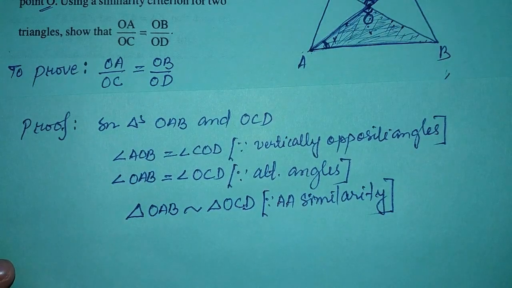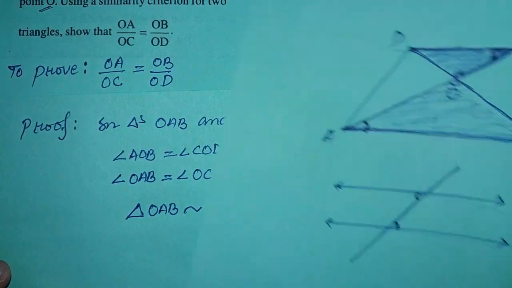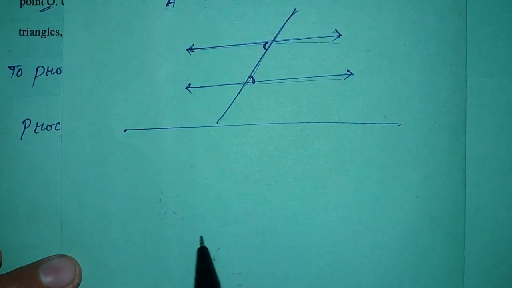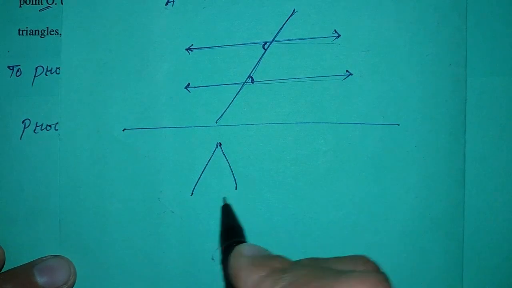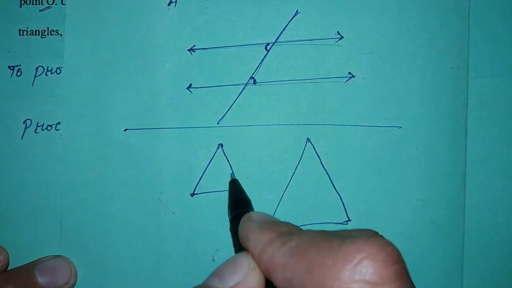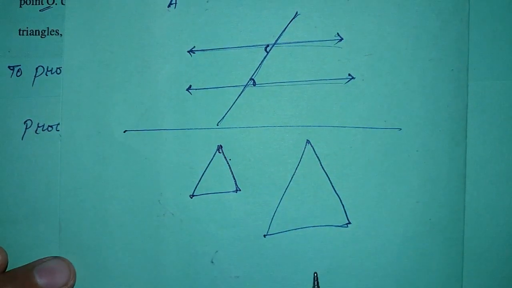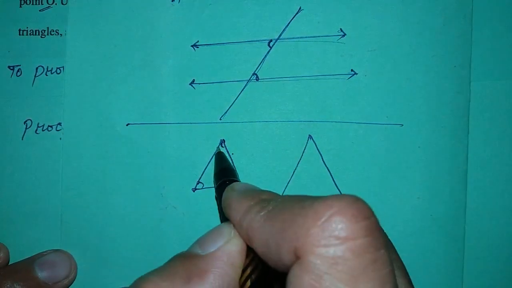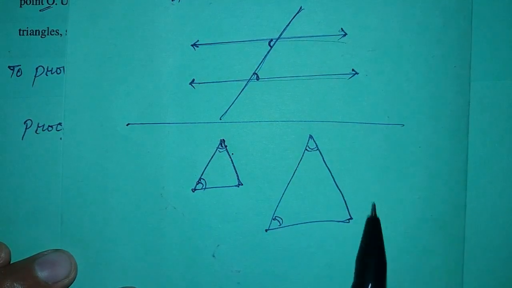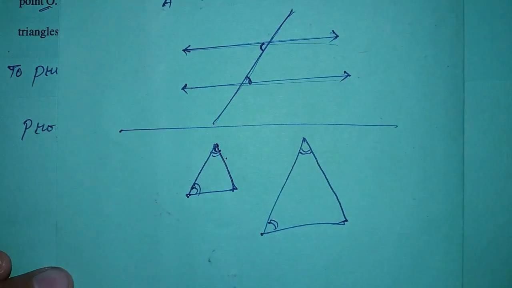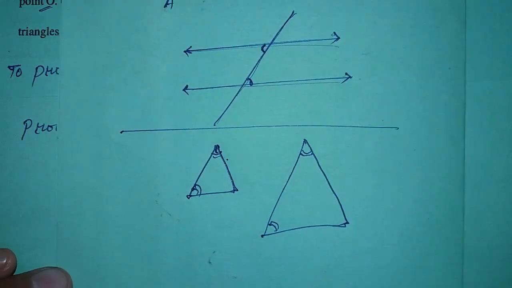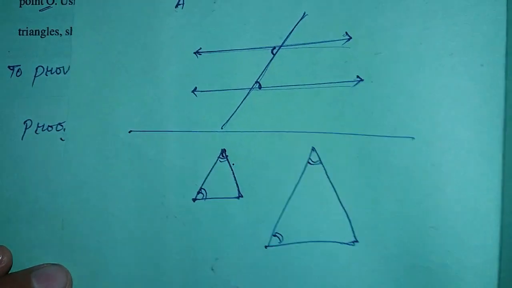Angle similarity is very useful while solving questions. To check whether two triangles are similar or not, it is very convenient to check whether two angles of one triangle are equal to two angles of the other triangle, and if they are equal, then we can easily say that the two triangles are similar. So this is the usefulness of AA similarity.